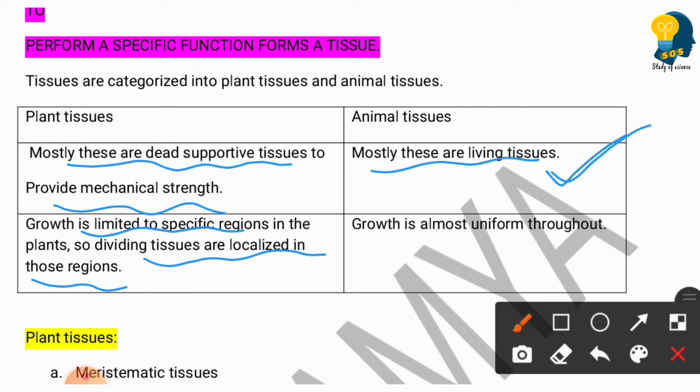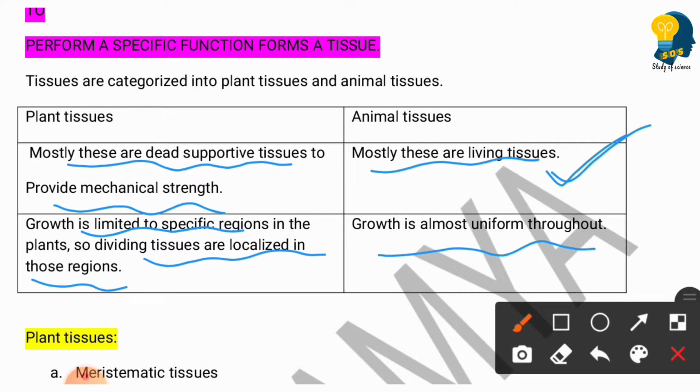So when we talk about the animal tissues, growth is almost uniform throughout. That means, see, when we look at a small child, the growth is uniform. The growth of the fingers, the legs, the face, everything will be uniform according to its age.